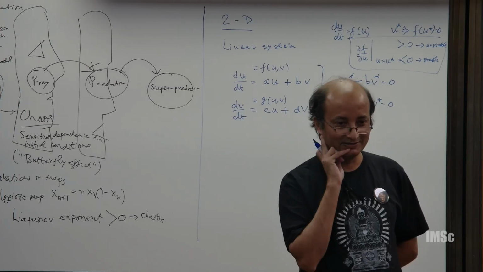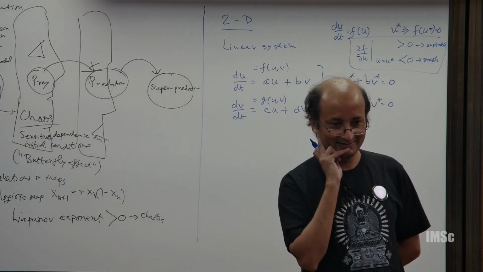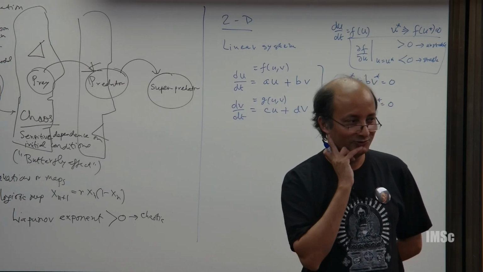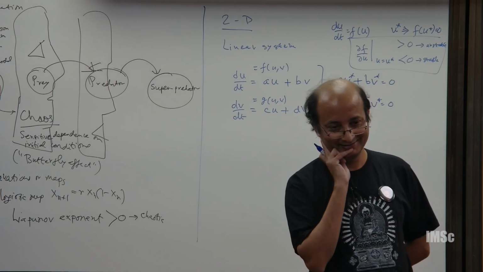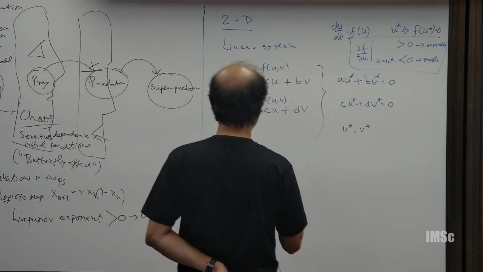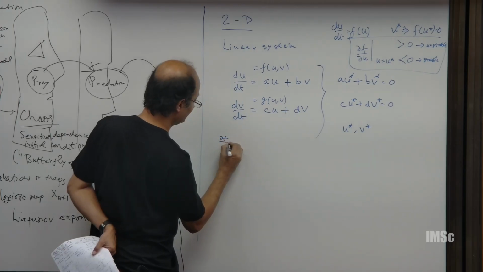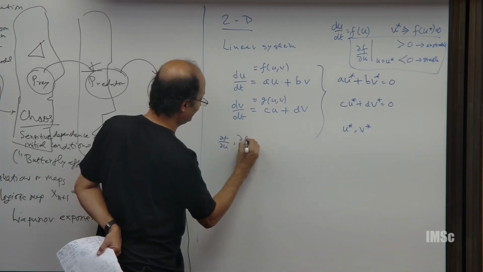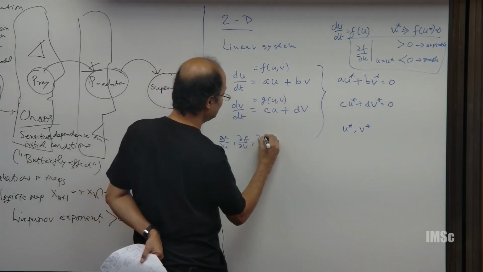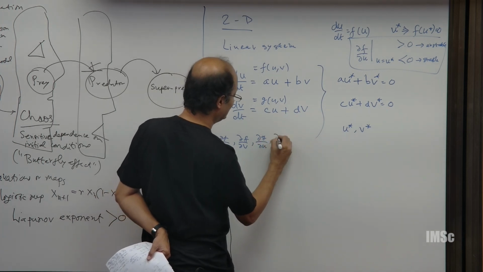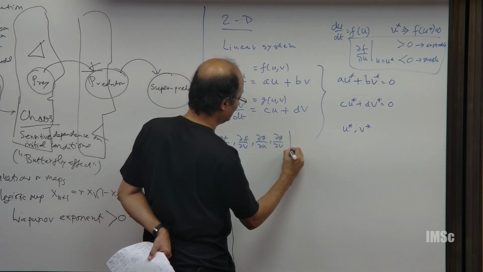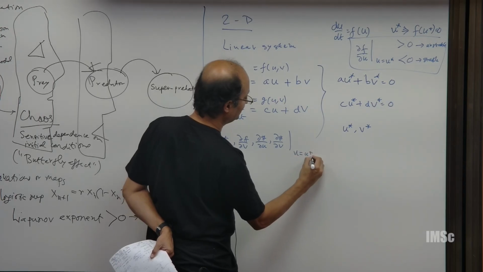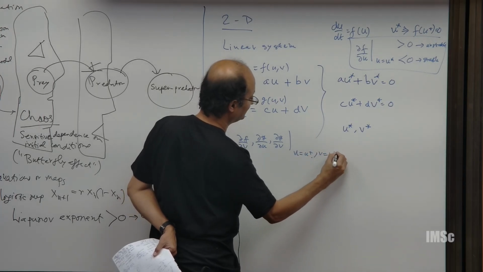So, how many such partial derivatives can we get? 4. So, how do we use those 4 to find out the stability? You are right. So, we can get del f del u, del f del v, del g del u, and del g del v, and we can evaluate them at u equal to u star, v equal to v star.